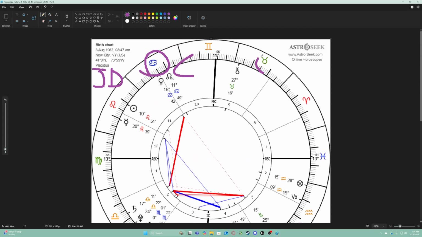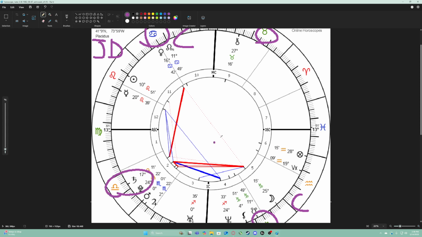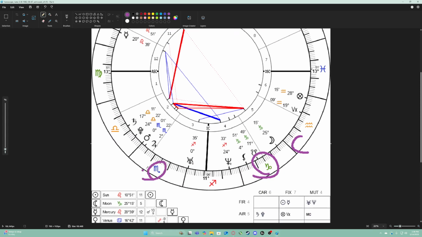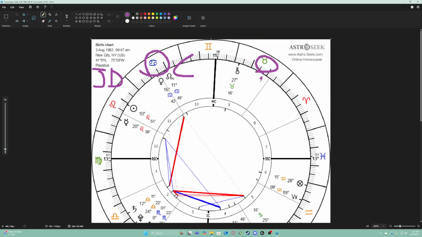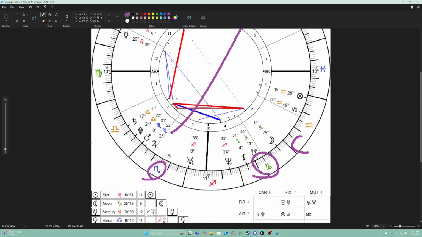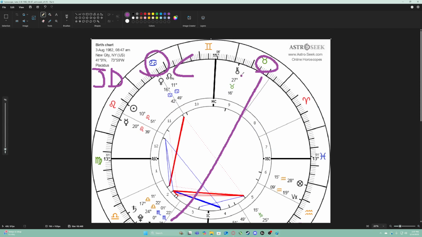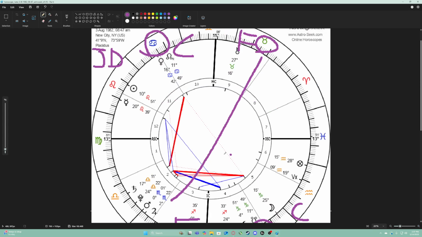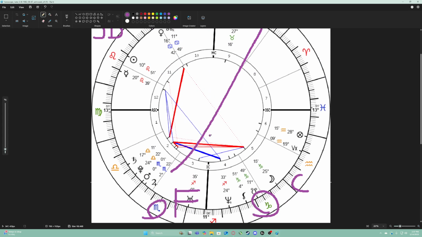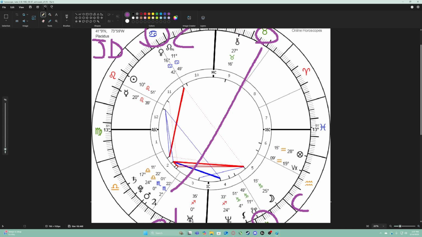Let's say you had an opposition over here to Scorpio. That would still be the same modality, fixed modalities. Capricorn and Cancer are cardinal, so they'll be of the same modality.